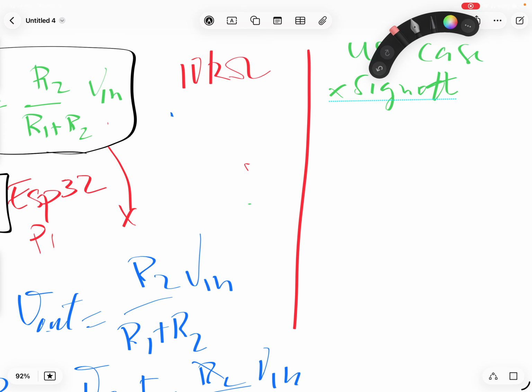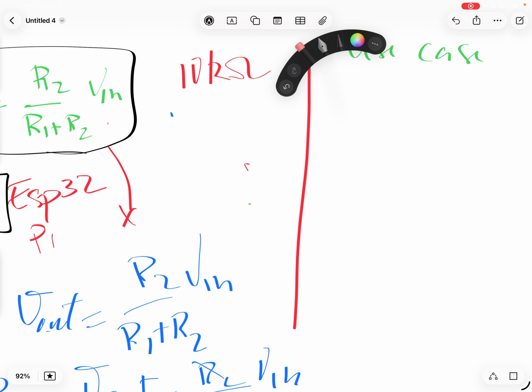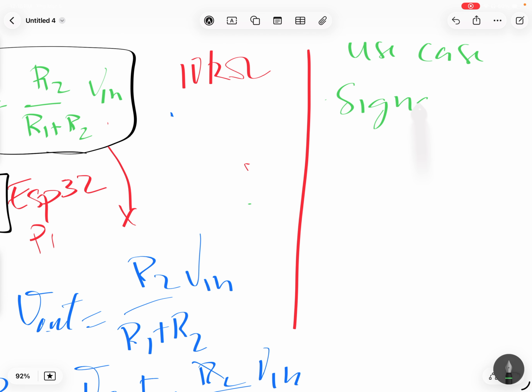Okay, this pen's really handy here. So use case: you can use this for signals. That's a pretty good one.